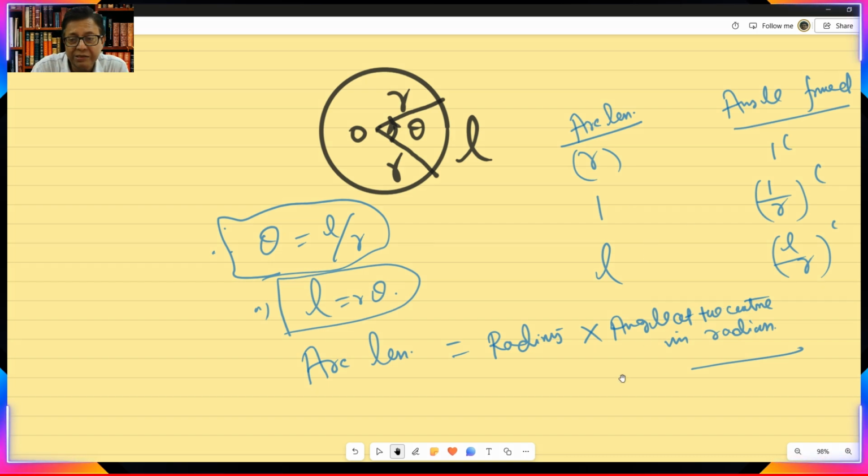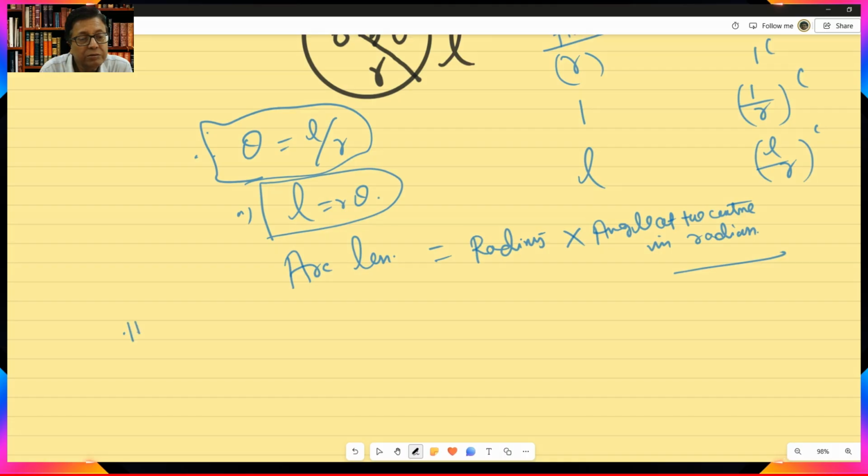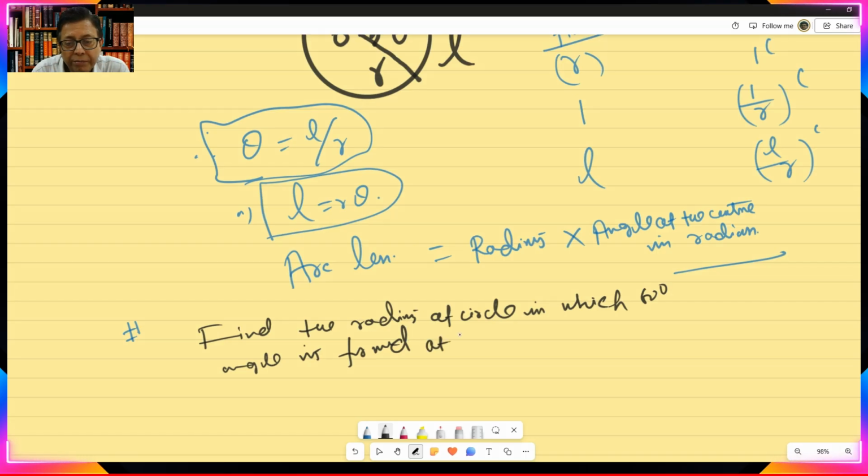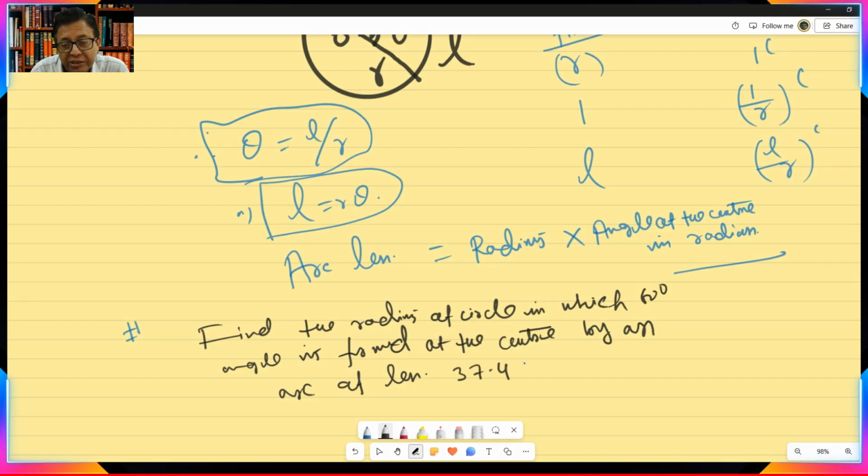So if a question arises in this manner: find the radius of the circle in which a 60 degree angle is formed at the center by an arc of length 37.4 centimeter.